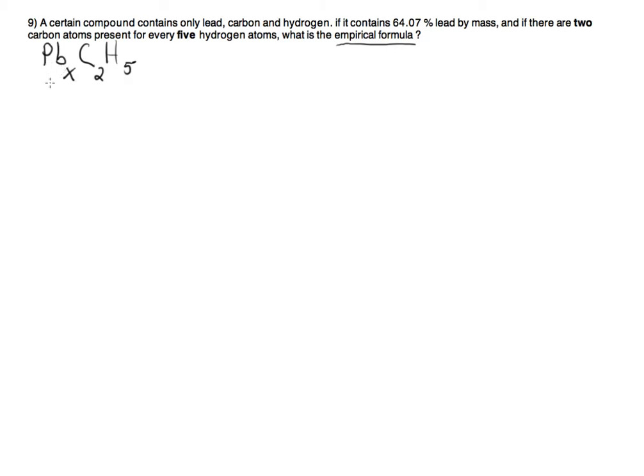I'm going to simplify this a little bit. I'm going to treat this as one element, and if I combine the whole thing, it's going to simplify the problem. I'm going to assume 100 grams. That allows this to be treated as 64.07 grams, so now I know the lead is 64.07.